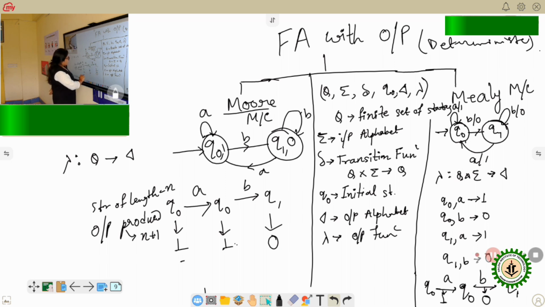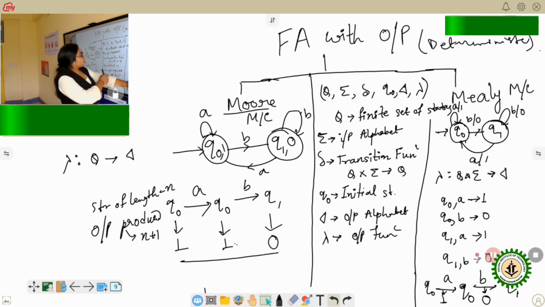So I am getting the output 110 of length 3. But I have given here the string of length 2. So for Moore machine, if we give a string of length n, the output produced is n plus 1. So this is the Moore machine. Again I am telling you, one output is associated with each state.